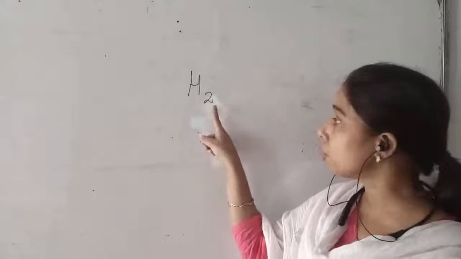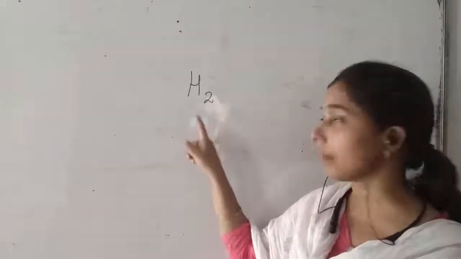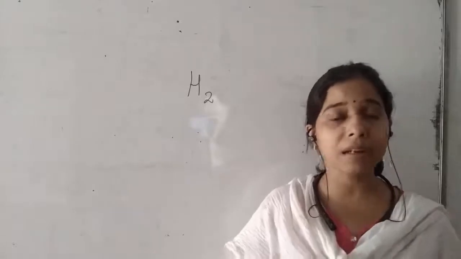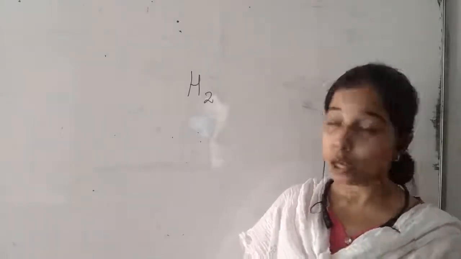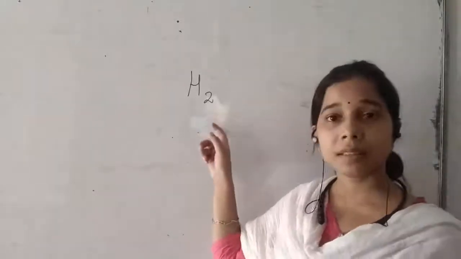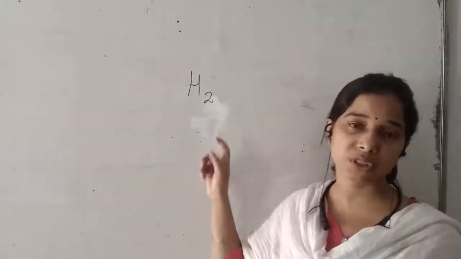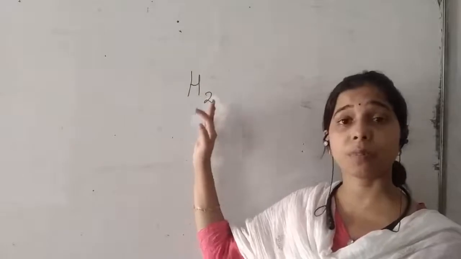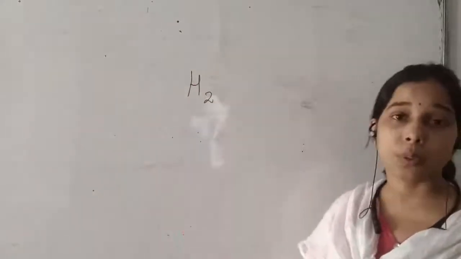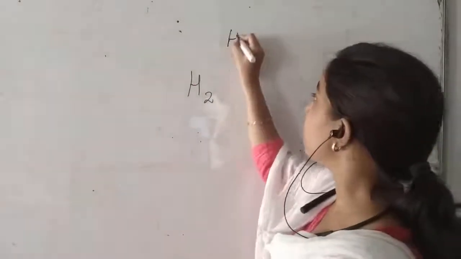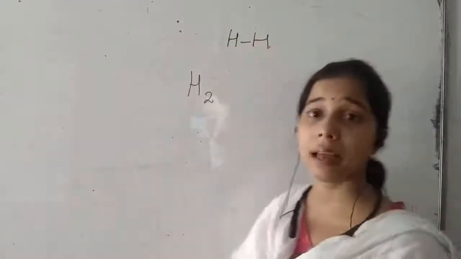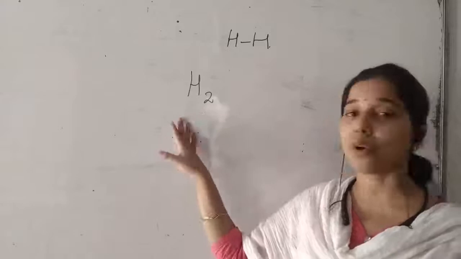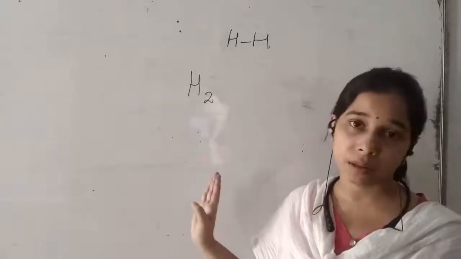And here the subscript 2 is given, which shows that 2 hydrogen atoms are combined together. This is the number of atoms which form this hydrogen. Or we can say that 2 hydrogens are there, and these 2 hydrogens combine together to form the hydrogen molecule.